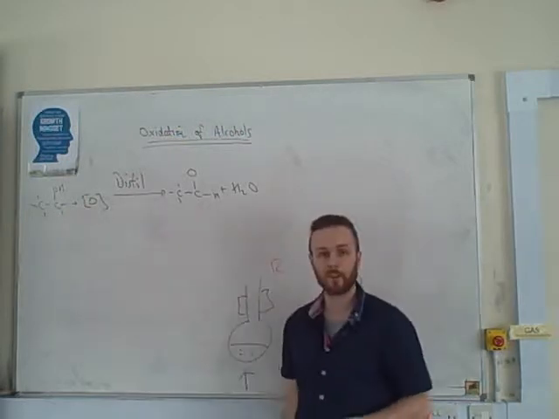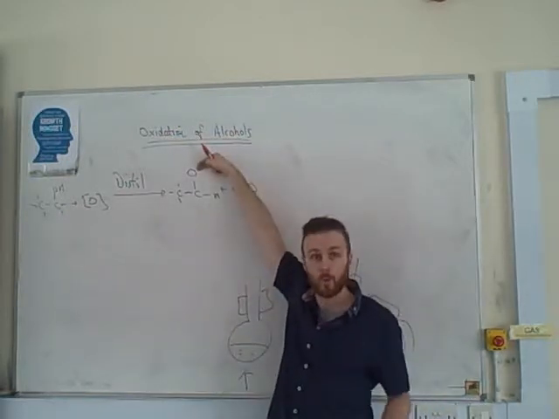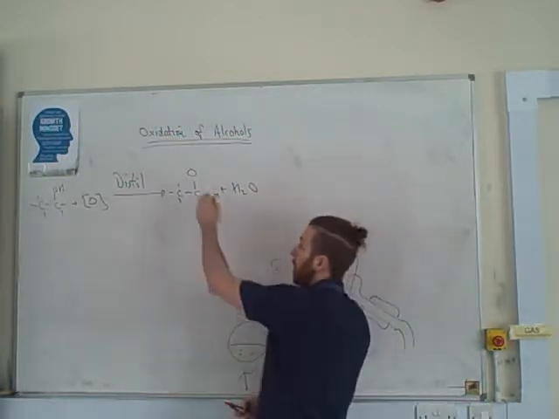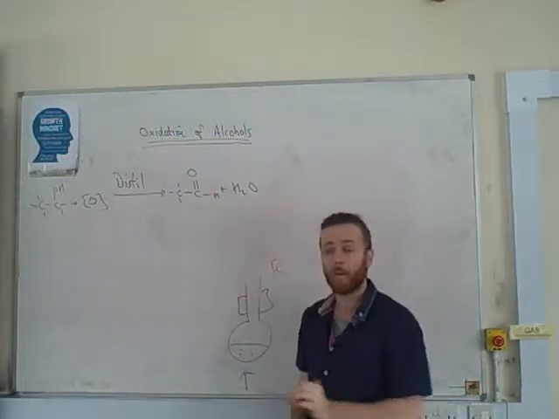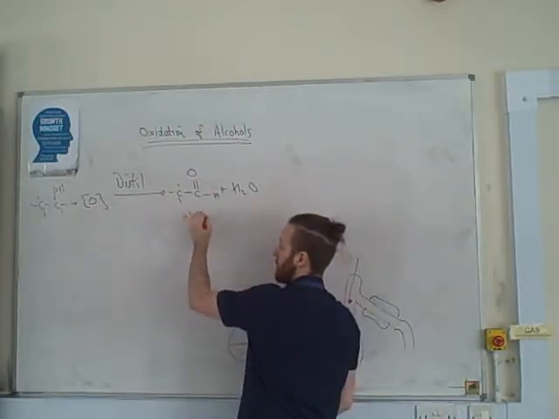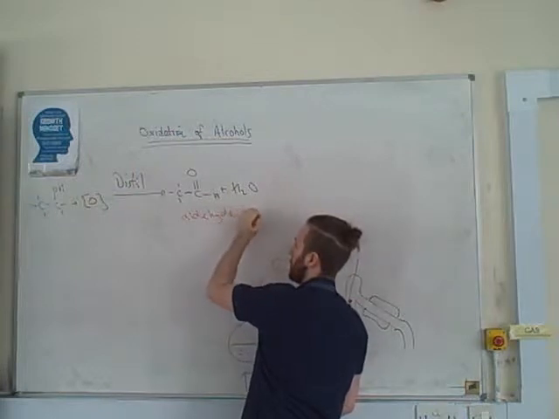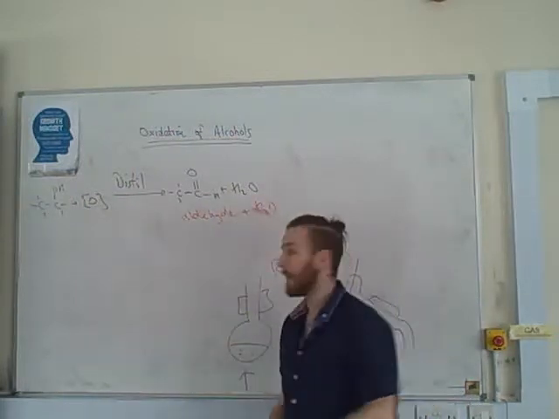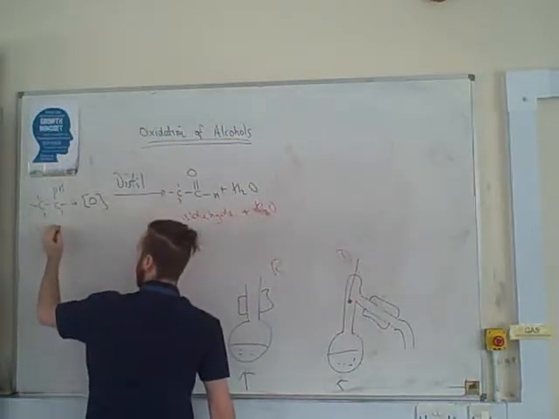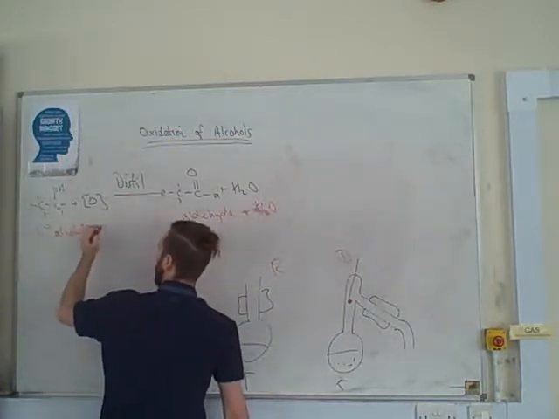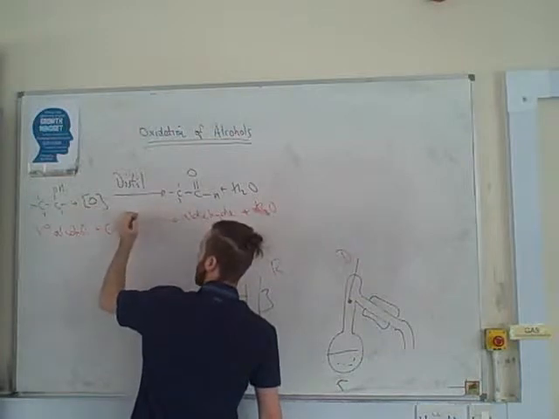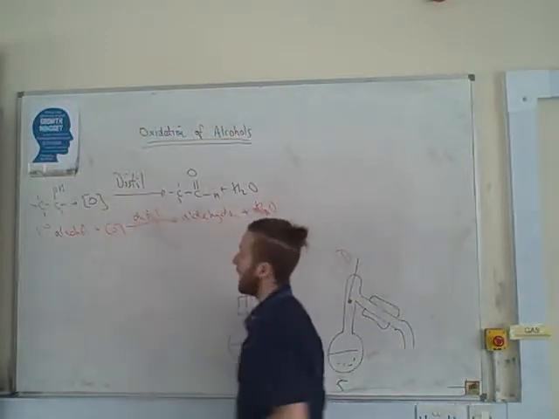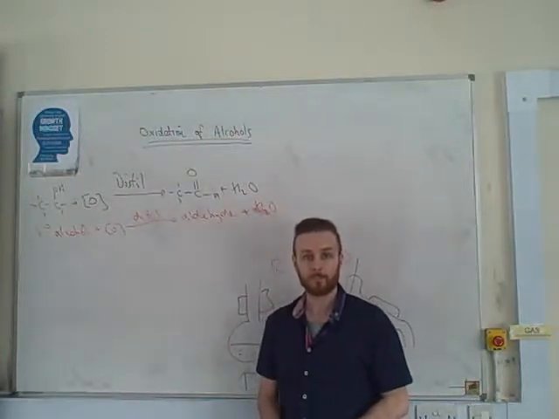Was an H, it's still an H. Oxygen needs to make 2 bonds, carbon needs to make 4, so they double bond up, and what have we got? We have made an aldehyde, plus water. So a primary alcohol, if you oxidize it under distillation, you get an aldehyde and water.